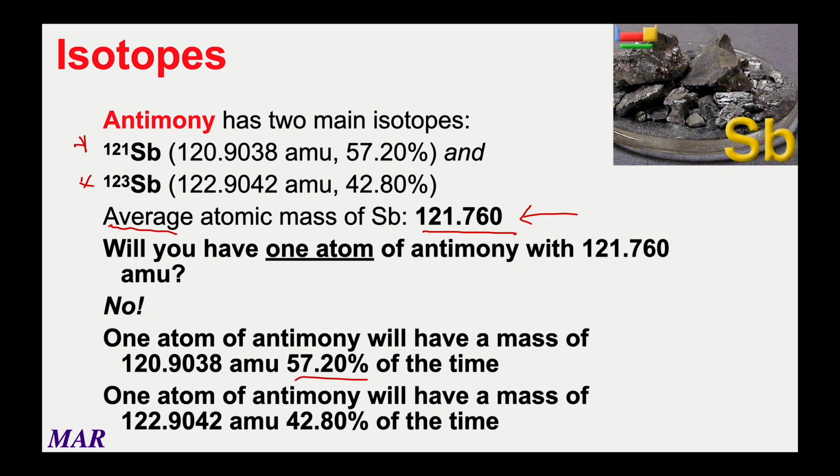On the other hand, the other isotope, 42.80%, that means that roughly 43 of the 100 times that I pull out antimony atoms, it'll have this antimony 123 with a mass of 122.9042. But we're never going to have one atom with that number.